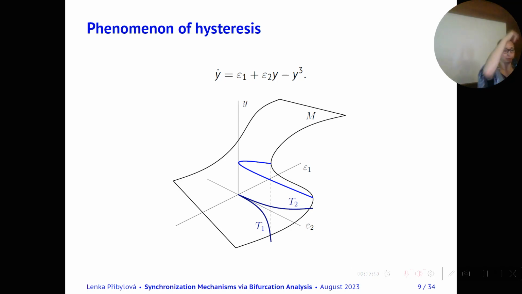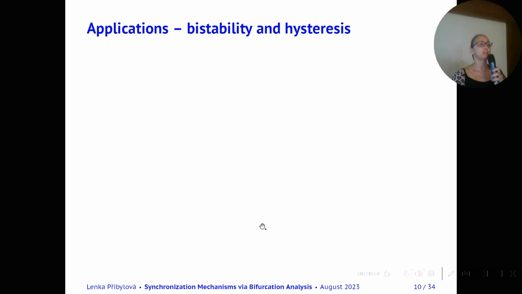So we have 2 attractors. And when you go away from this V-shaped region, this so-called cusp, you simply jump from down to up, or from up to down. And this is the reason why hysteresis exists.